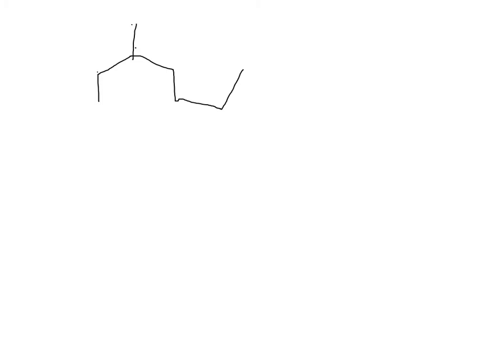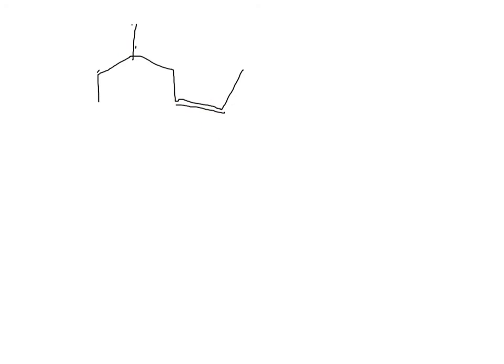You can put a methyl group here and make this one a double bond. That looks kind of bumpy, but that's supposed to be a double bond there. Okay, so for this one, we've got 1, 2, 3, 4, 5, 6, 7 as the main chain. So it's going to be heptene, ENE, because of the double bond.